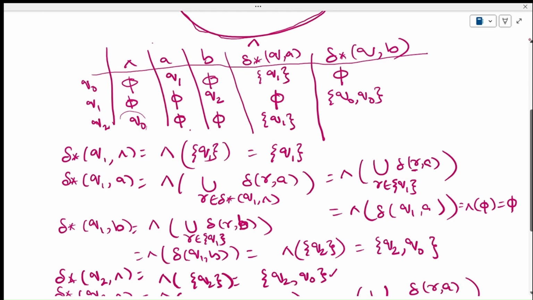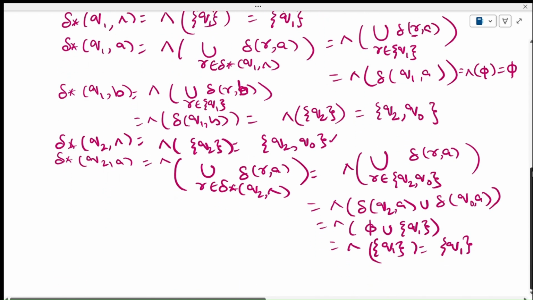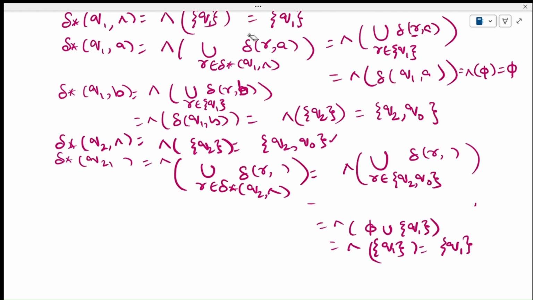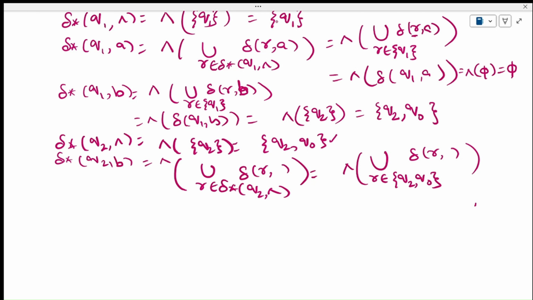Repeat the process for the symbol B on state Q2. I'll just make small changes in this same thing. Now replace R with Q2 and Q0.